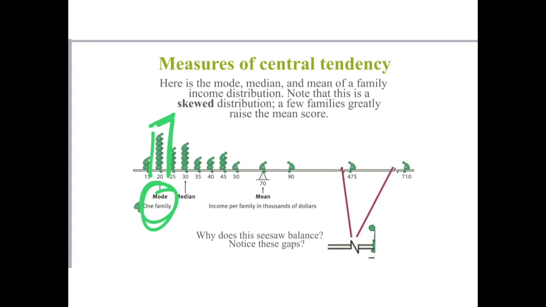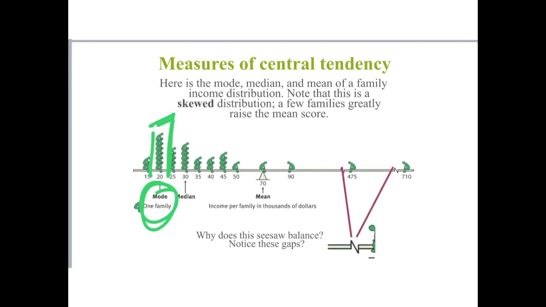Median is the middlemost number. So presumably whoever did this work before me in the textbook crossed off, crossed off, crossed off, crossed off, and made their way all the way to that middlemost number. But with that said, our mean is significantly higher than both our mode and our median. More people fall below the mean than those that fall above the mean.